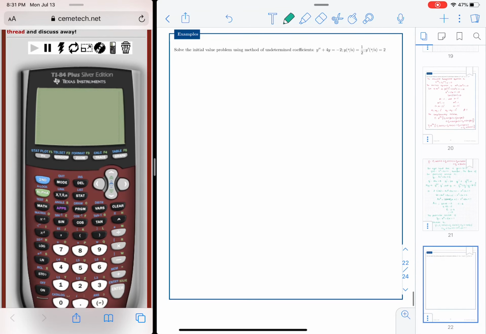So now we can extend the same idea that we have for solving the differential equations using the superposition approach to initial value and boundary value problems. So here is a simple initial value problem.